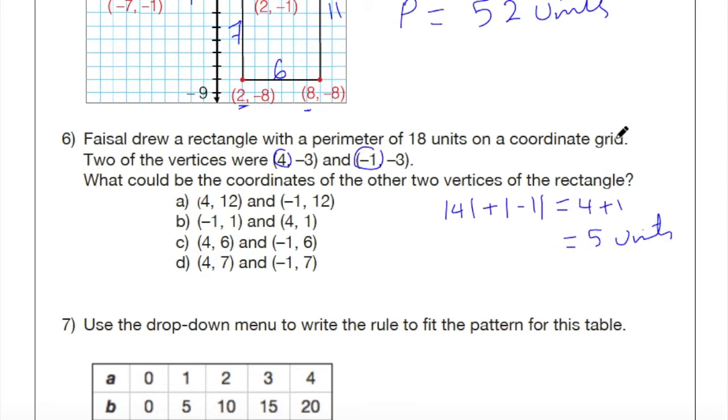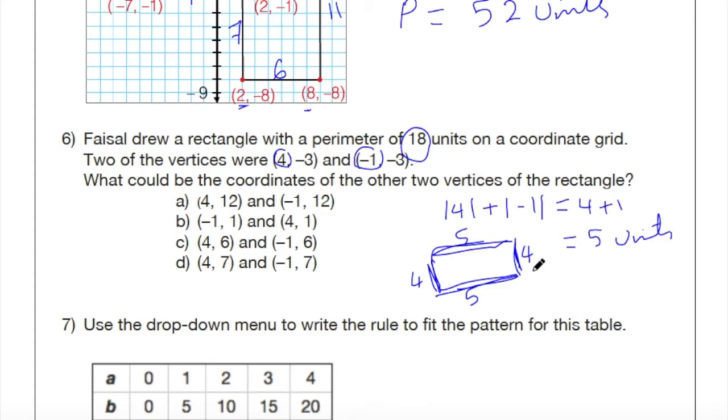It means we have two sides of 5 units, which is a total of 10. So the other two sides will be 8 in total, because the perimeter is 18. So here it's 4 and here it's 4.